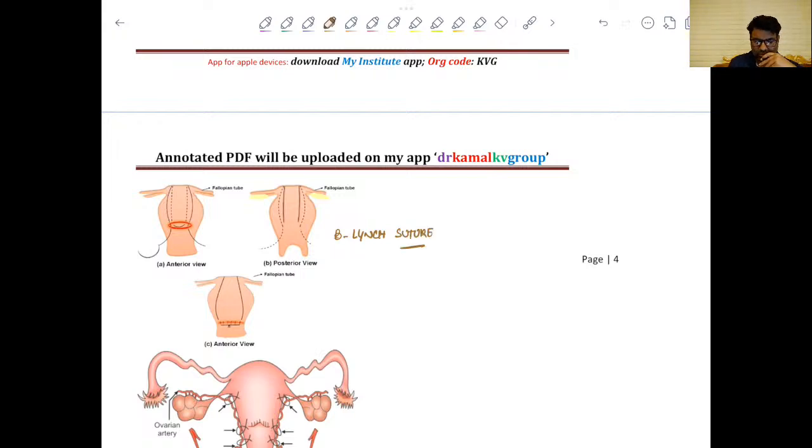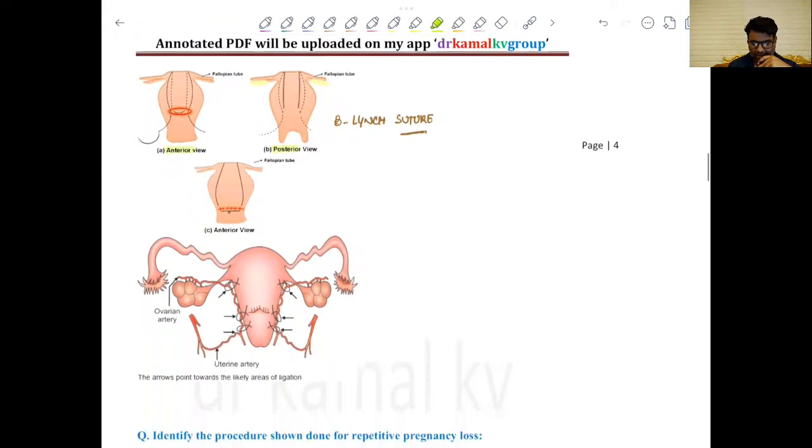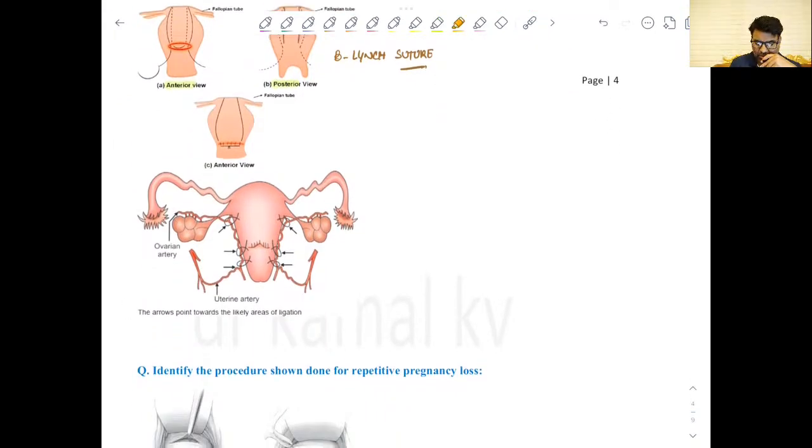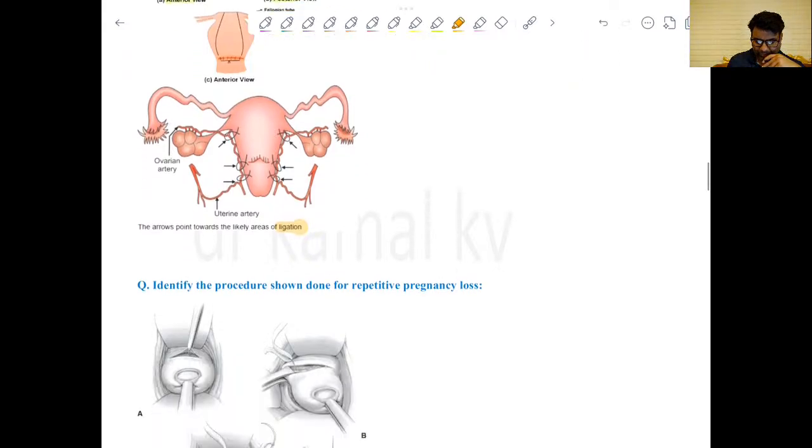Clear? This can be seen on the anterior and posterior aspect, and this is the ligation of the uterine arteries. So if there is uncontrolled bleeding even after giving oxytocin, we can either give a suture or ligate the feeding artery, that is the uterine artery.